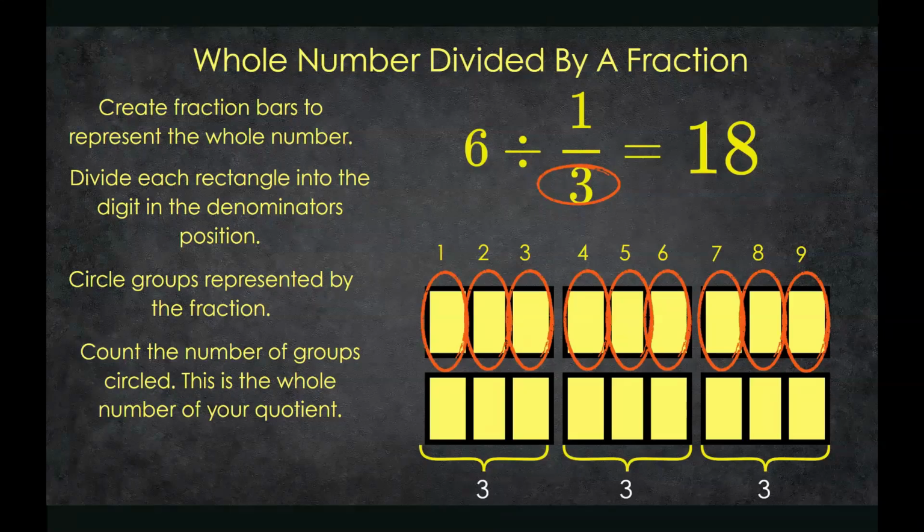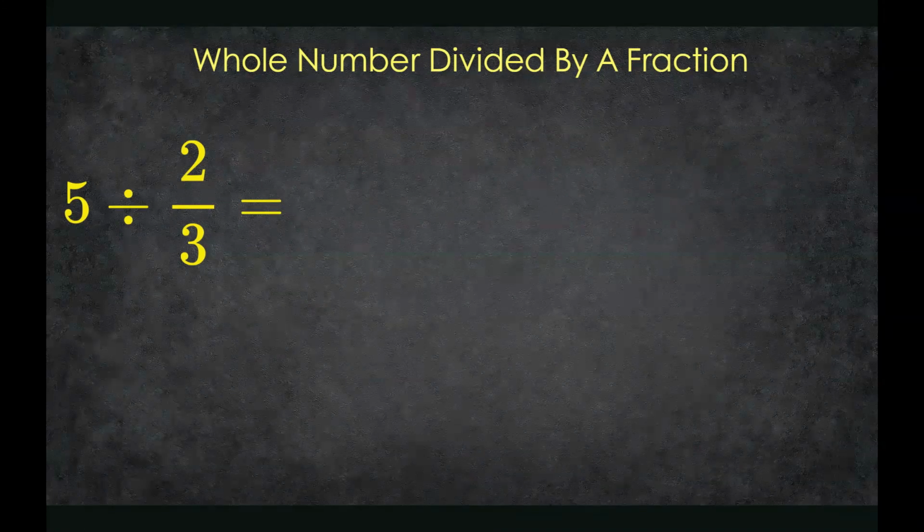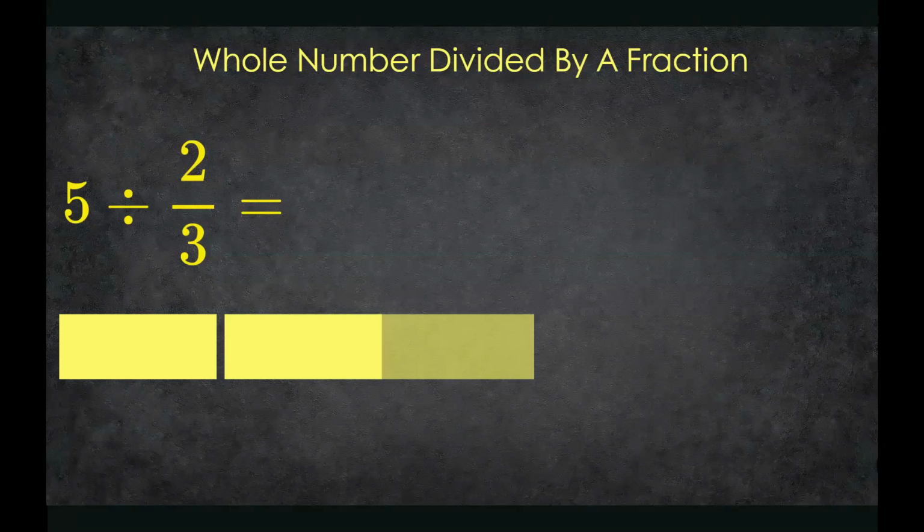Let's take a look at one more example of taking a whole number and dividing it by a fraction. So I have 5 divided by 2/3. I'm going to take 5 wholes, and I'm going to be counting groups of 2/3. So here are my 5 wholes.